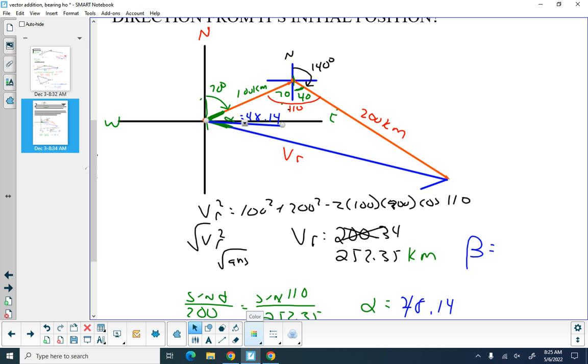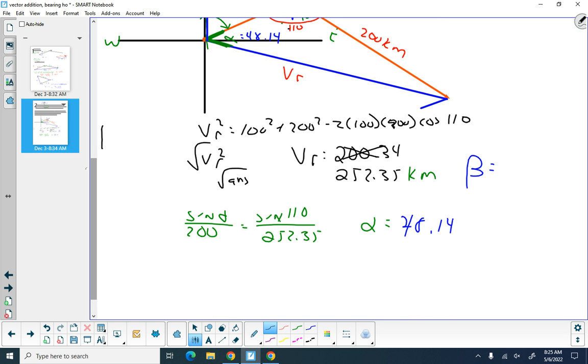What is my bearing from here to here? Because I'm going from my initial. So what do we have to do to find my actual bearing here? Add 70 to it. So to find my bearing, I can add 70 to this to give me a bearing of 118.14 degrees.